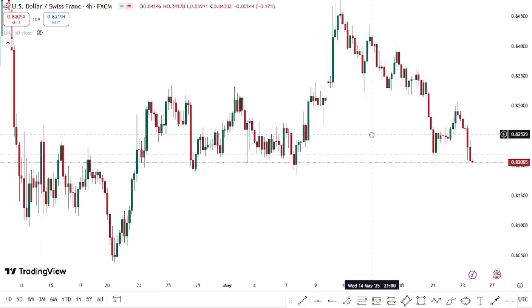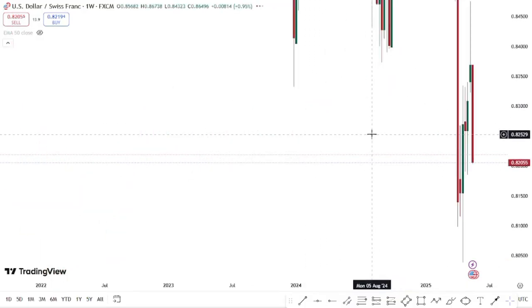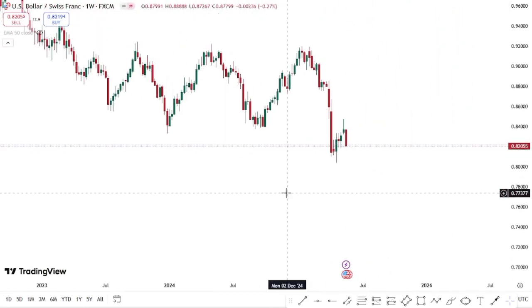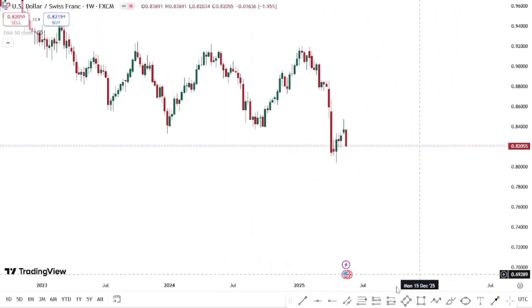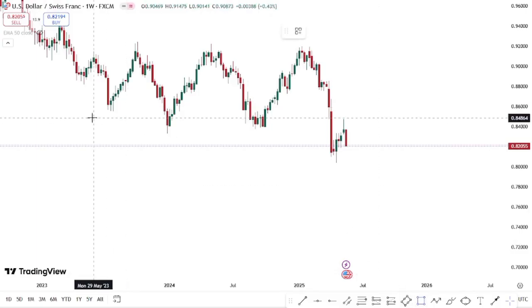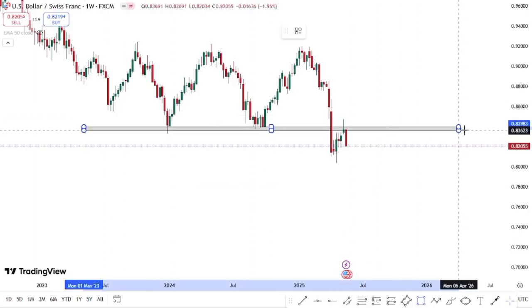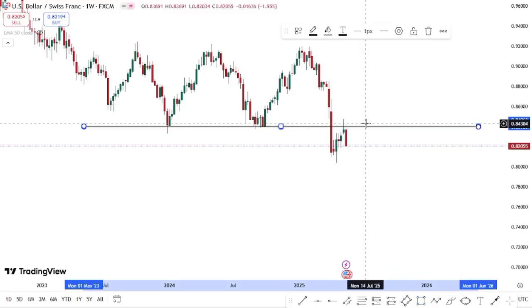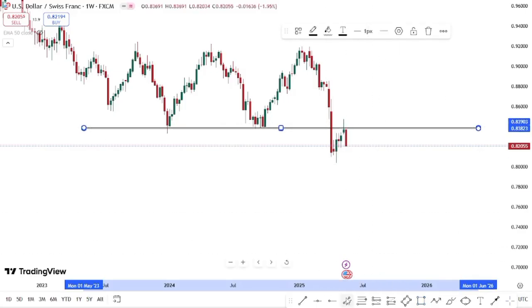So looking at USD CHF from the higher time frame perspective, that is the weekly time frame, we can see that price came back to test this particular zone right here. Nicely, price tested that zone.